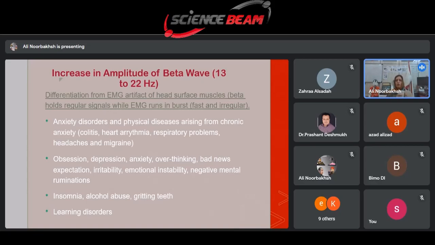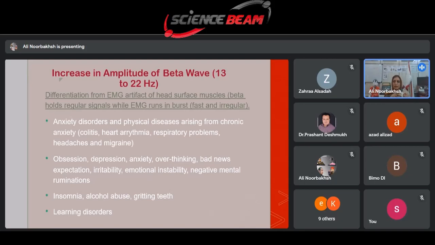An increase in the amplitude of beta wave may be differentiated from EMG artifact of head surface muscle: beta holds a regular signal while EMG runs in bursts.